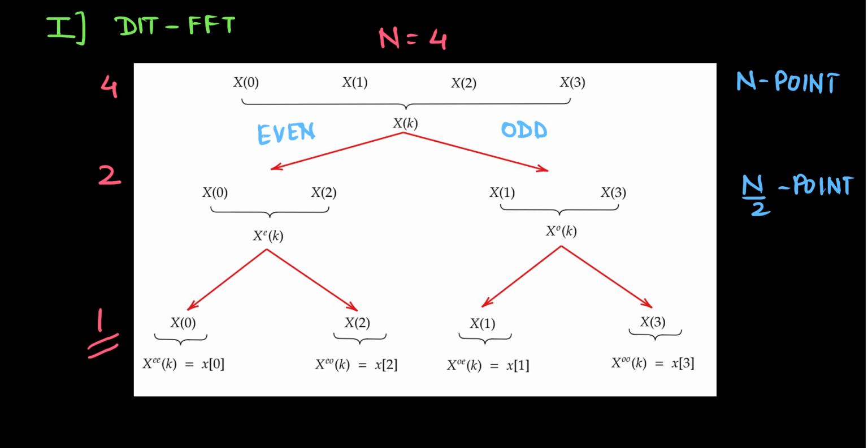So what kind of advantage are we getting here? This N point DFT is split into two N by 2 point DFTs, and if we observe carefully, both of them are quite independent.